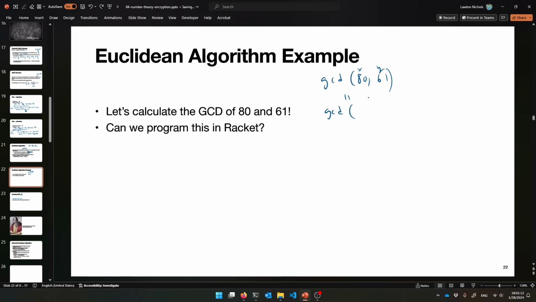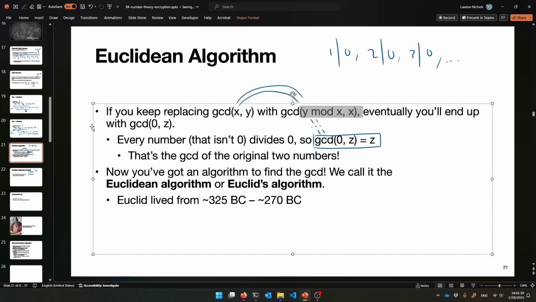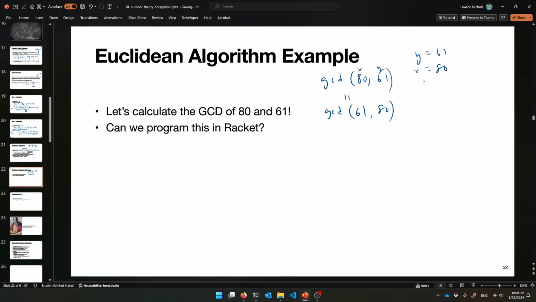Well, it goes in 0 times with 61 left over, and then we put x next, so it's 80. So that's kind of funny in that y was 61, x is 80, and we replaced it with the GCD of y mod x and x.